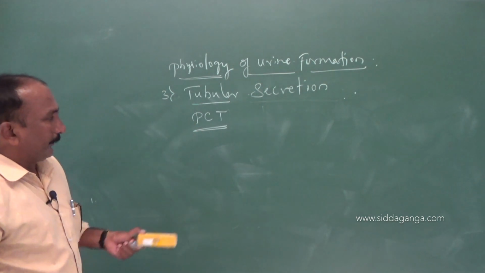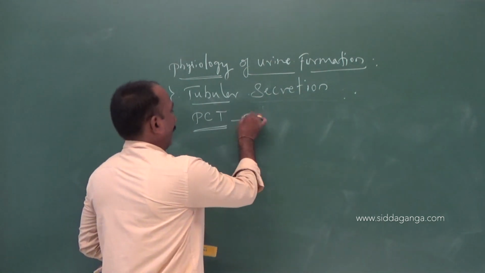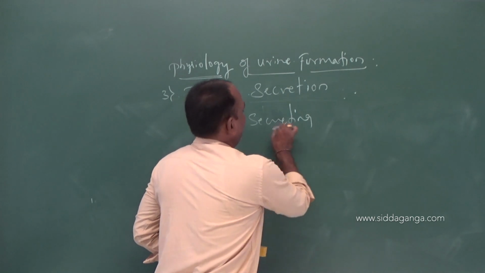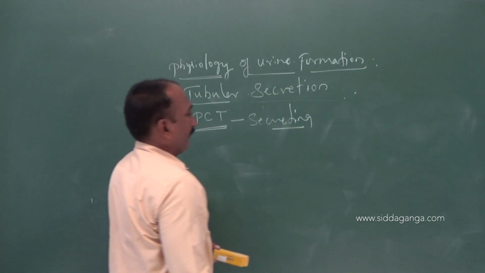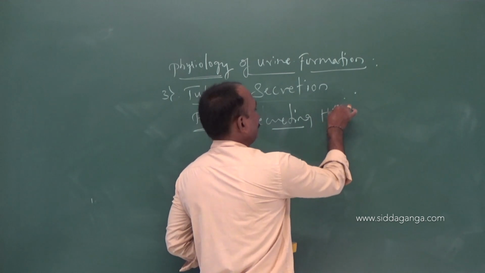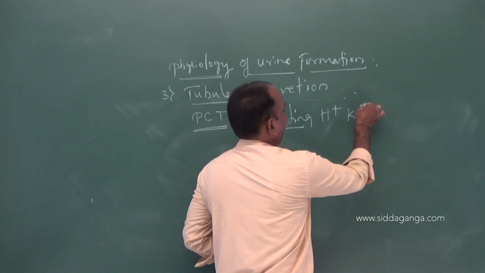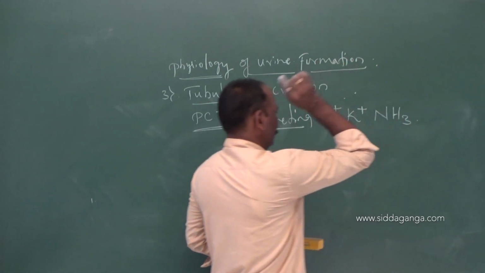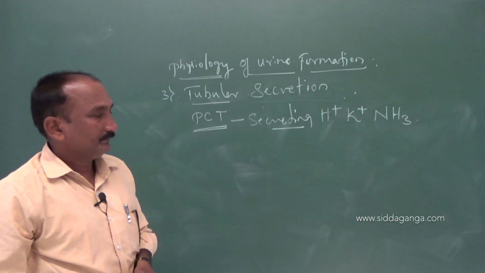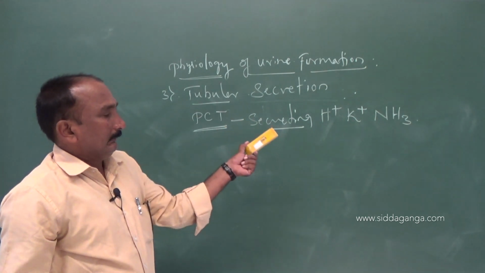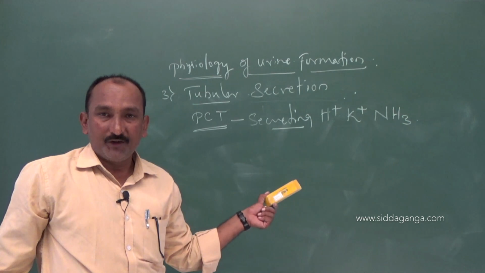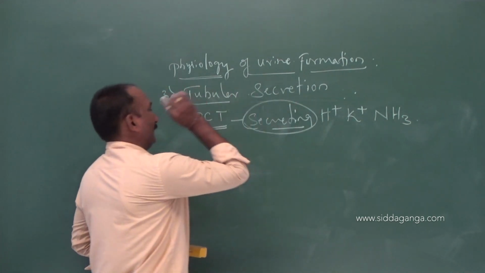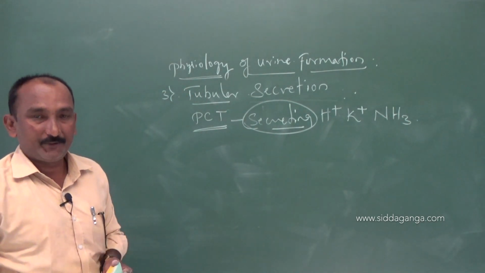The proximal convoluted tubule selectively secretes particularly H plus ions, K plus ions and also ammonia. These substances are selectively secreted by the proximal convoluted tubule.